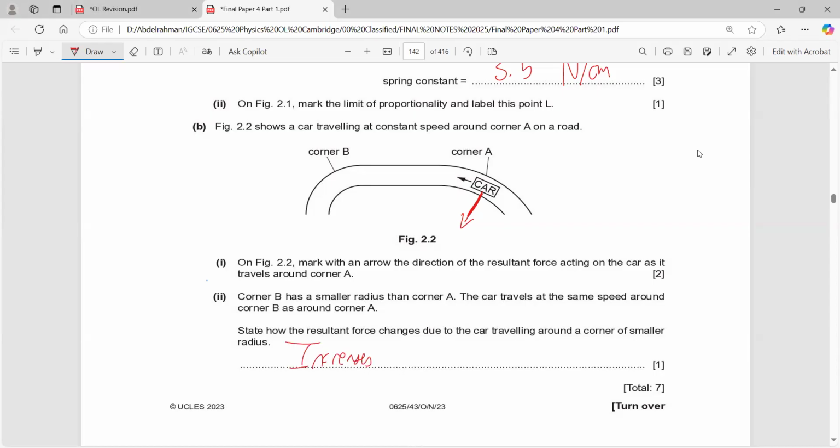The centripetal force acting on the car increases. It would be much more difficult for the car to travel. The force acting on it would increase whenever the radius decreases.